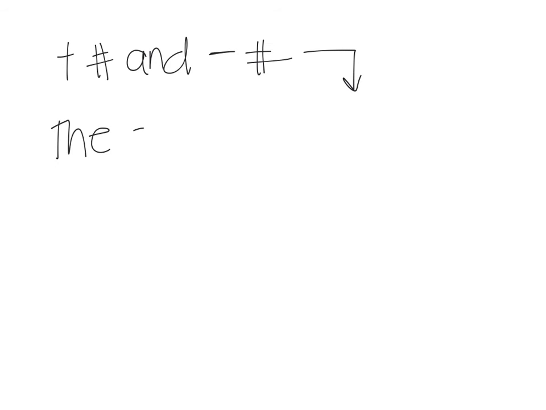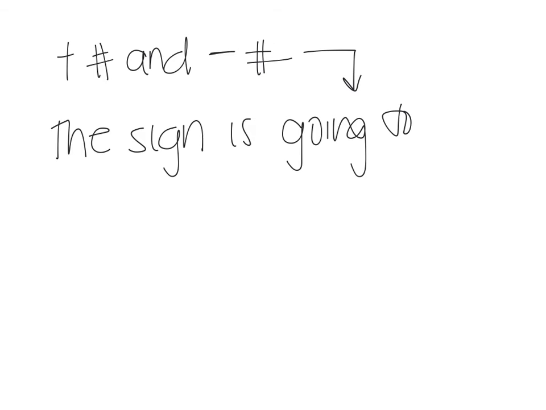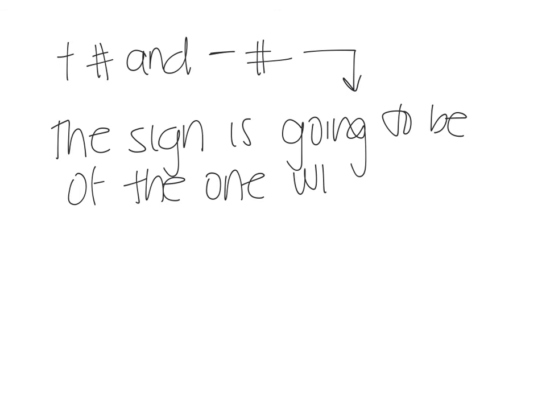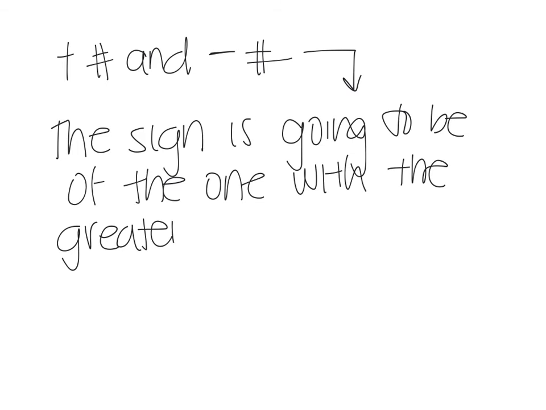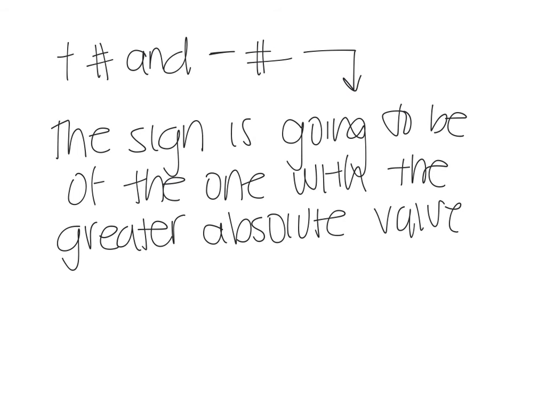So what that means is that when we have a positive number and a negative number, the sign is going to be of the one with the greater absolute value, right? So negative 5 plus 2 gave us negative 3.